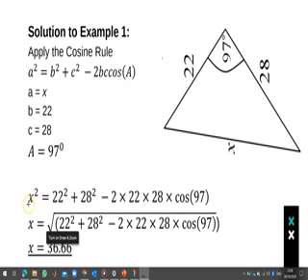After that, since it's x squared and we are required to find the value of x, you find the square root of this side, and don't forget to put brackets because you are finding the square root of this whole term, as you are finding the square root of both sides to find the value of x, which is demonstrated below. So x is equal to the square root of 22 squared plus 28 squared minus 2 times 22 times 28 times cos 97, and you find out that the value of x is equal to 36.66.